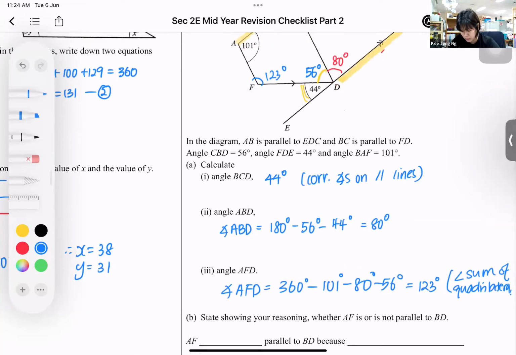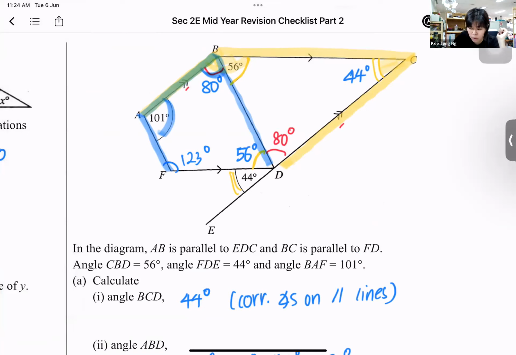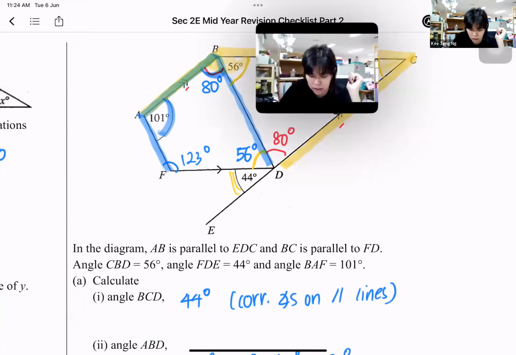So using your reasoning, whether AF is parallel to BD or not. If AF is really parallel to BD, then very simple, very straightforward. This angle over here must add up to 180 based on interior angles on parallel lines. But do they add up to 180? No, right? They don't add up to 180. In fact, they have more than 180 already.